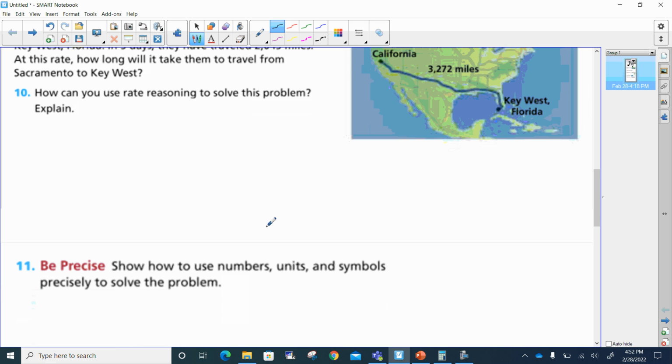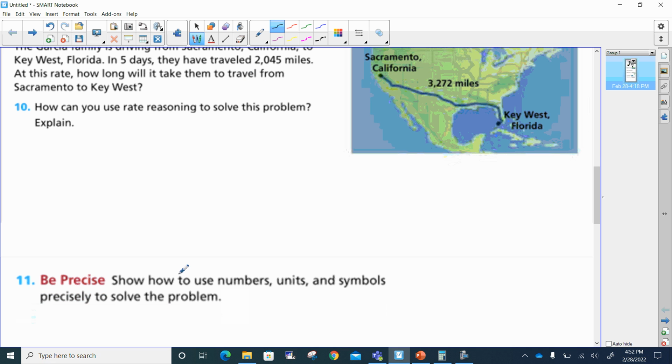So let's see, if I was to do this, I'd take 2,045. That's the amount of miles that they traveled, and they traveled that in 5 days. That's the amount of days, right? And we know that the whole trip takes 3,272. They want to know exactly how many days it's going to take.